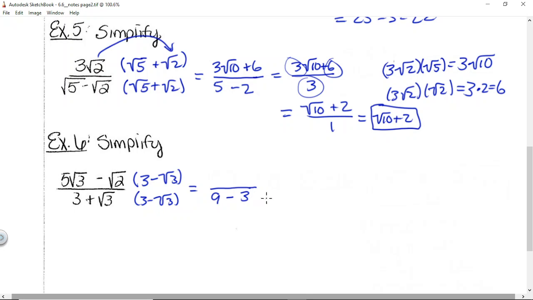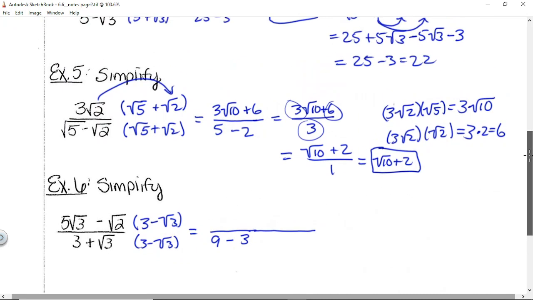The numerator now, this one's a little more work because we have to fully distribute this twice. Our numerator is just a more complicated numerator than we've had. In the example above, the numerator was just a single term, 3 times the square root of 2.